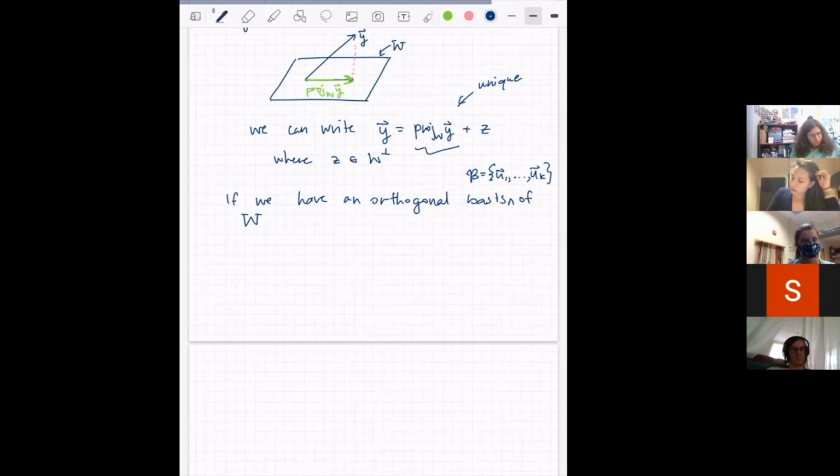So if we have an orthogonal basis of W, then the projection of y onto W is going to be y dot u1 over u1 dot u1 times u1 up to y dot uk.